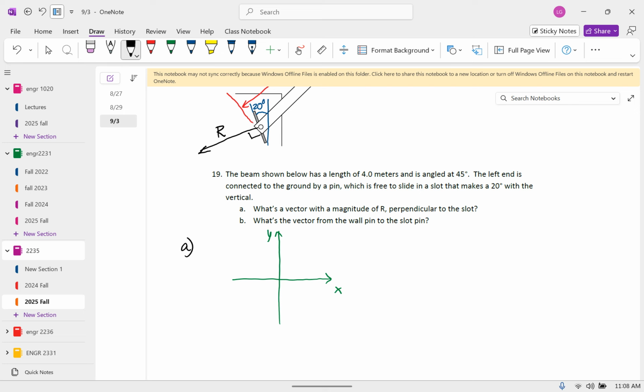I could choose one going up that way, or one going down that way. And this stuff would work out fine either way. Since I drew that 20 degrees as being drawn from a vertical, an upward line, I'm going to choose that reference vector to be like this. And I know that this angle here is 20 degrees.